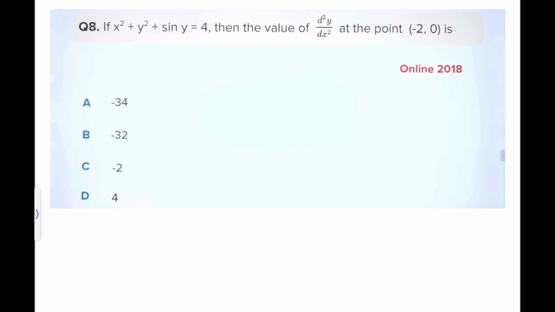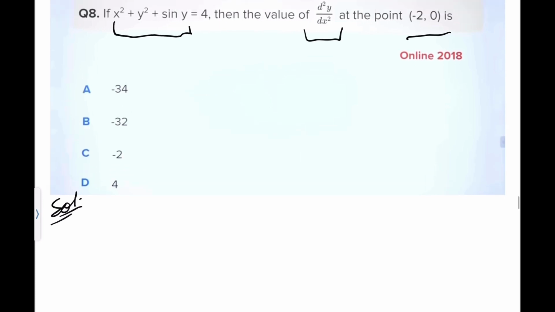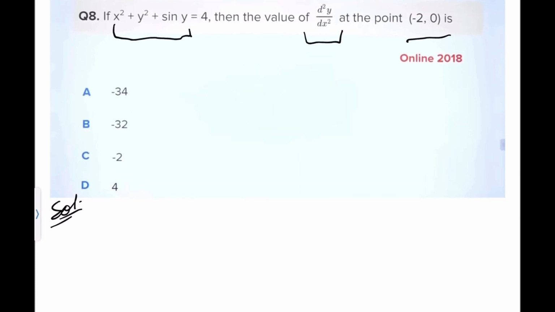In the 8th question, what we are given is x² + y² + sin y = 4, and we need to find d²y/dx² at the point (−2, 0). So the solution will be: first we are going to find y'. It will be 2x + 2y·y' + cos y times y' equals 0.